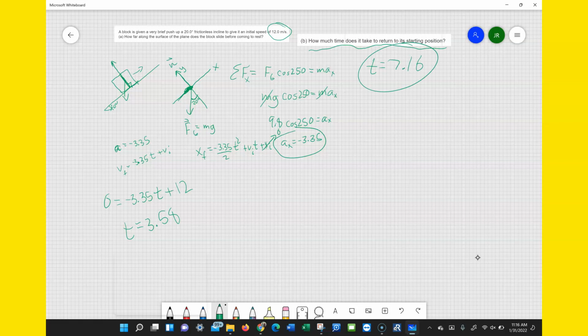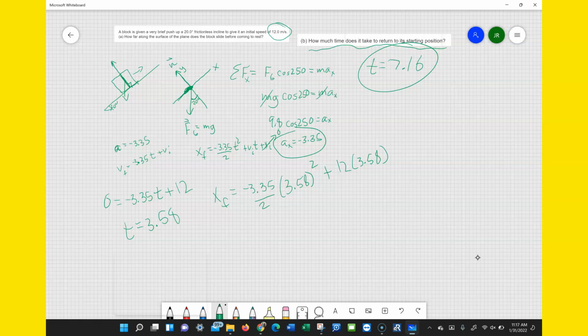Now back to part A. Let's see here. XF is what I'm looking for. Negative 3.35 over 2. T is what I know now, 3.58 squared, plus VI, which is 12, times T, which is 3.58. And now I can just do my arithmetic here to get that final position.